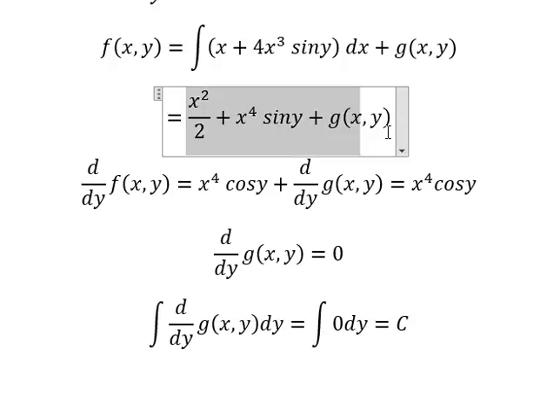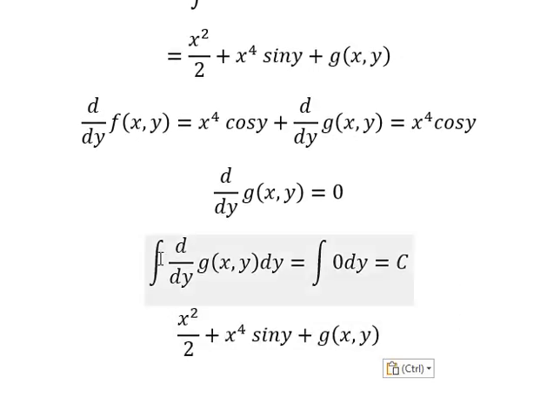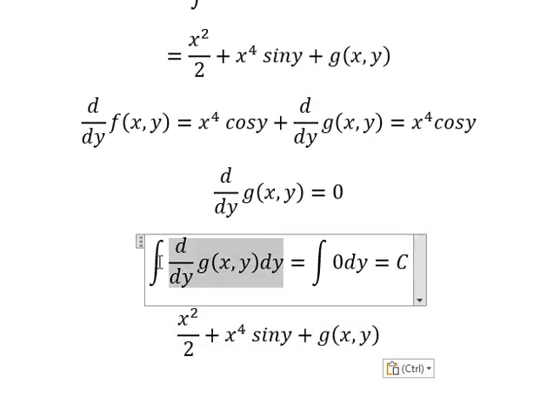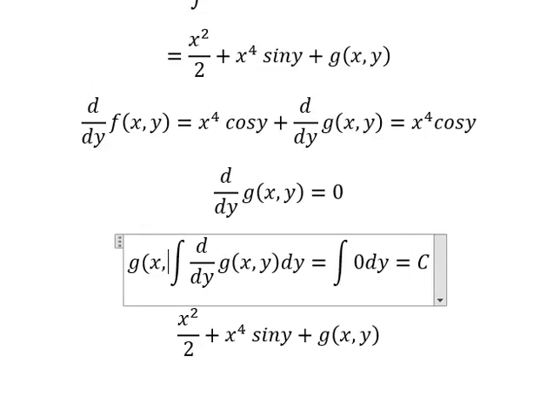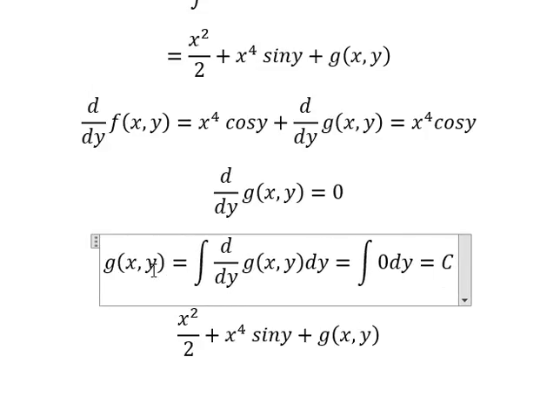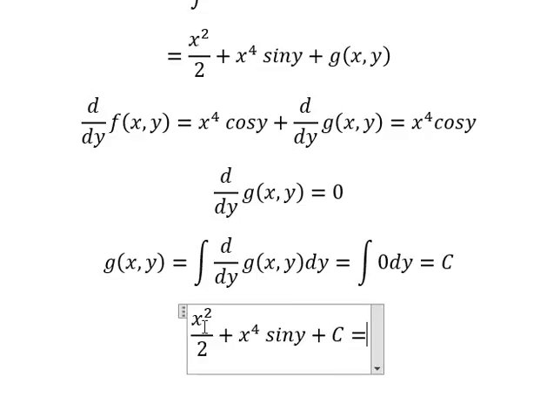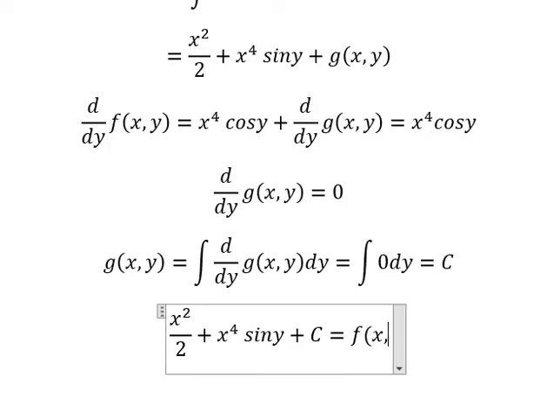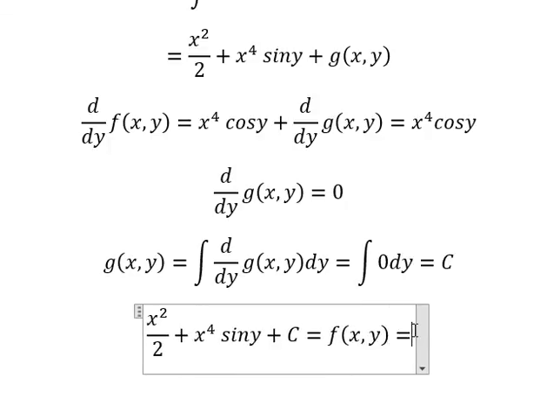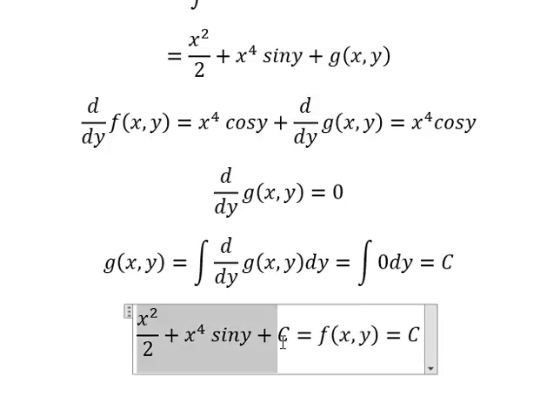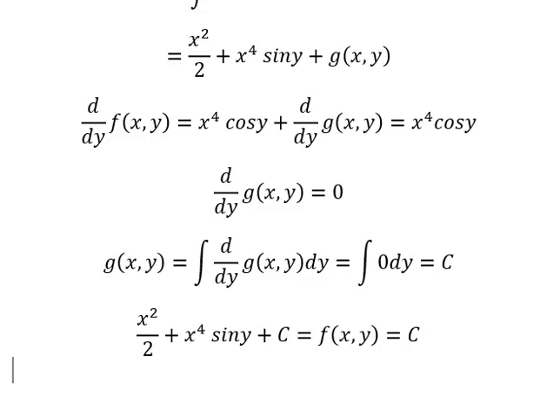And now we go back in here. So the integration of this one we have 3xy. 3xy equal to c. So this one we have c. And we know that this one equals to f(x,y). f(x,y) equal to c. And now we simplify both sides.